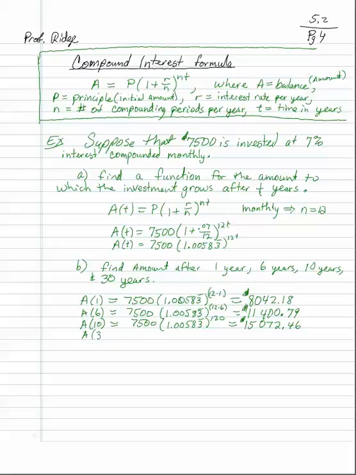All right, now let's look at 30 years. What would your guess be? In 10 years it doubled. So in 30 years, is it going to go 6 times? The answer is no. It's actually going to grow 8 times because it's an exponential function. 12 times 30 is 360.